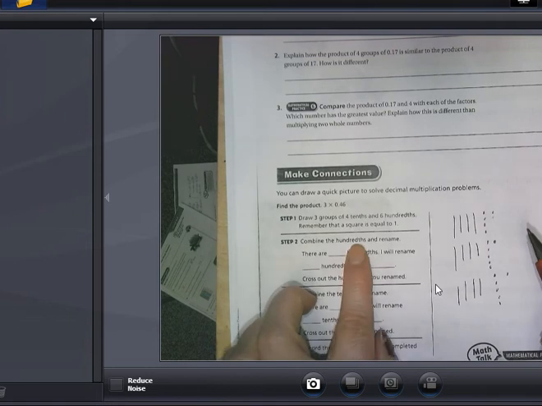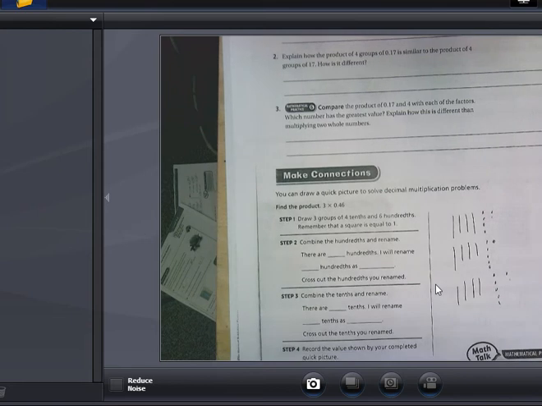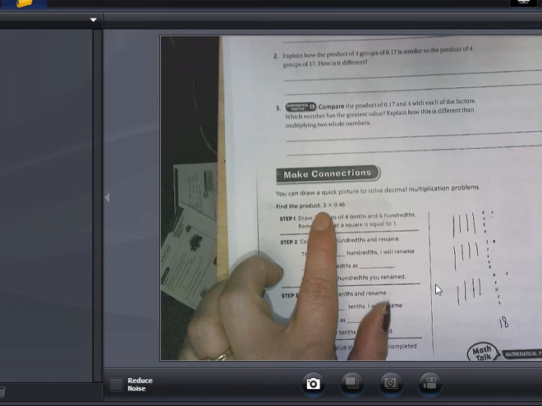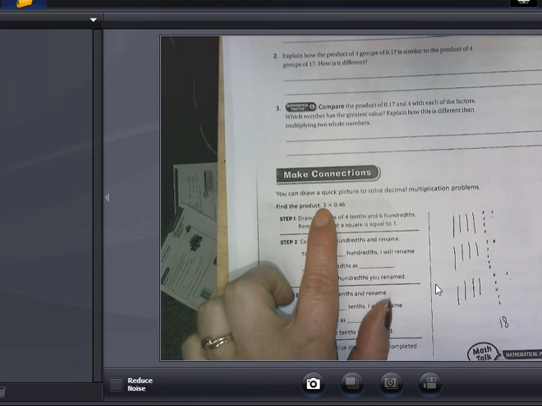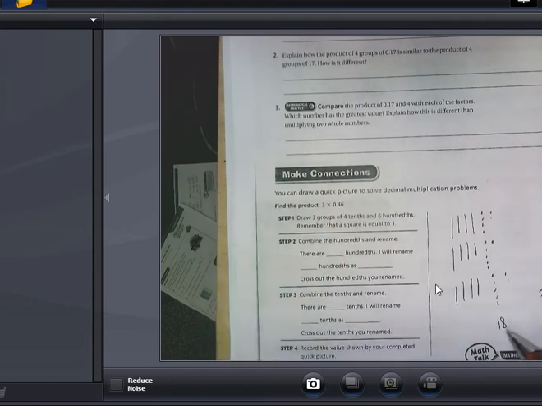Alright, so if I combine the hundredths, 1, 2, 3, 4, 5, 6, 7, 8, 9, 10, 11, 12, 13, 14, 15, 16, 17, 18. I have 18 hundredths. Or I could have just looked at my multiplication and said 3 times 6, think of it as a whole number, 3 times 6 equals 18. So I have 18 hundredths.